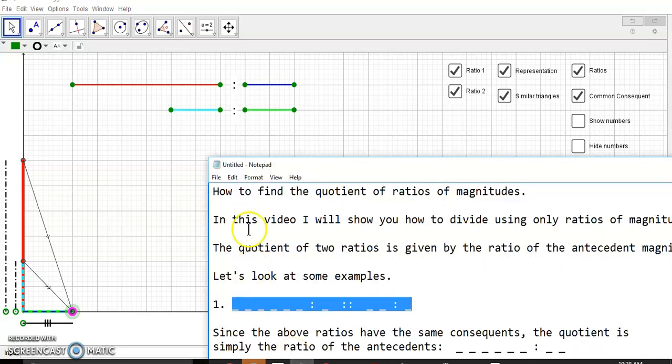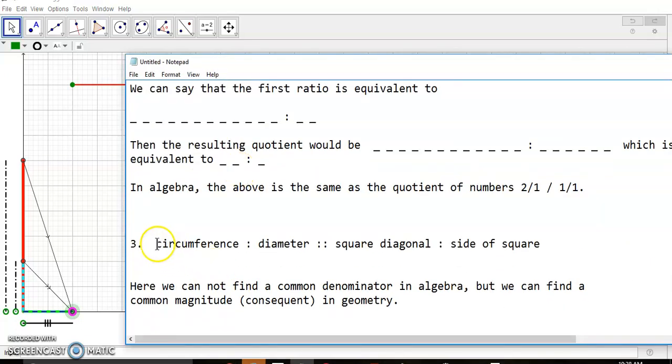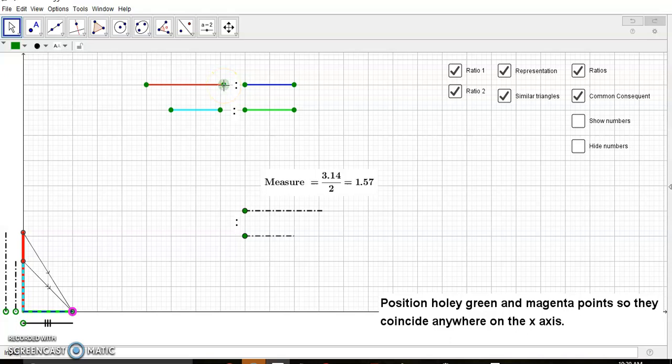Now, what if you had a quotient like this: circumference to diameter and square diagonal to side of square? Let's say we have this here, about that much, something like that, and make this that.